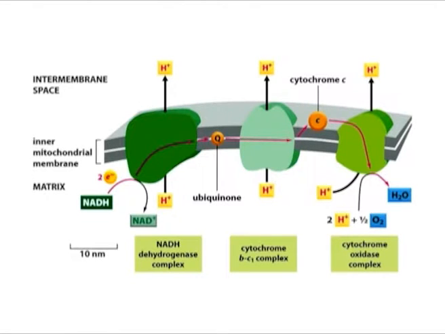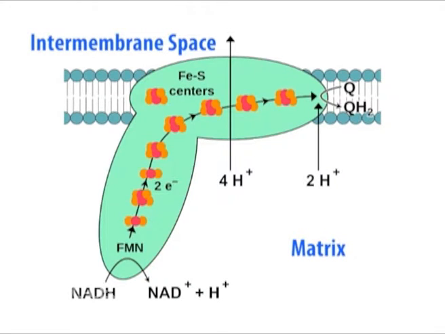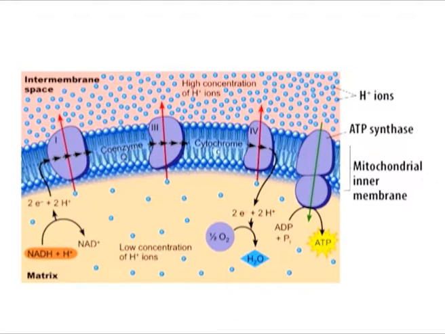The enzyme in complex 1 is NADH dehydrogenase, a very large protein containing 45 amino acid chains. Complex 1 can pump 4 hydrogen ions across the membrane from the matrix into the intermembrane space. In this way the hydrogen ion gradient is established and maintained between the two compartments separated by the inner mitochondrial membrane.